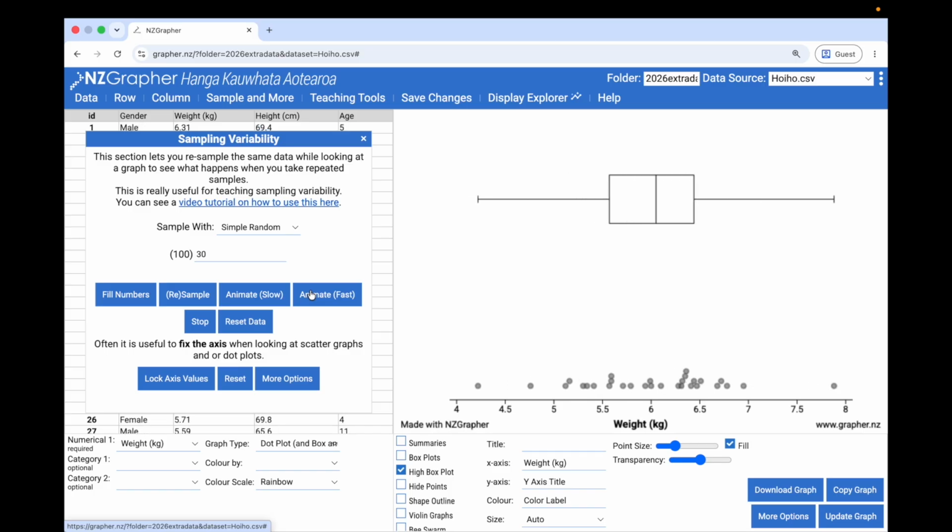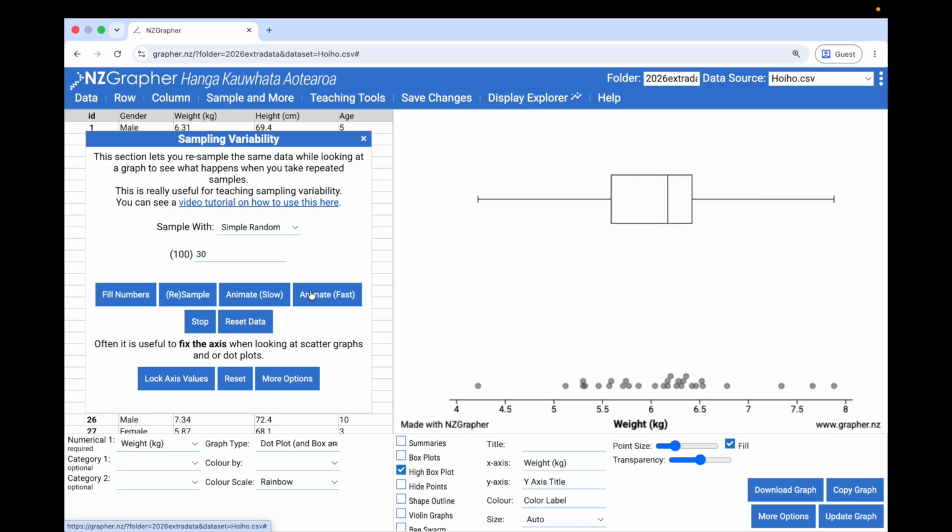Whereas if we look at our median, the lowest median I think I've seen is about there, and the highest is about there. Yeah, it looks like it's generally staying inside that band. So we can see when we take a sample, the minimum that we get is probably not going to be a good representation of the population minimum, because it bounces around all over the place.